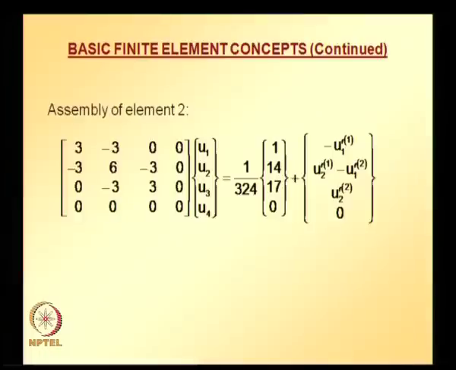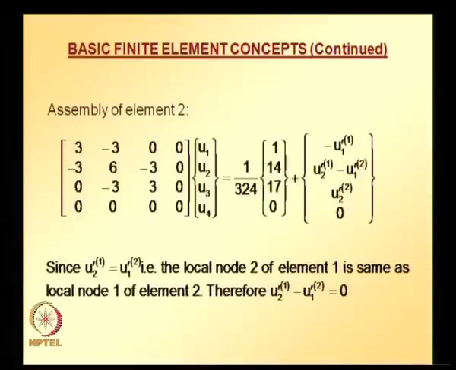And on the left hand side you have u2 prime for element 1, u1 prime for element 2, that is, u2 prime for element 1 minus u1 prime for element 2. Please note that the second node of element 1 is same as the first node of element 2. Local node 2 of element 1 is same as local node 1 of element 2. So those two quantities are same, and that quantity is going to be 0.